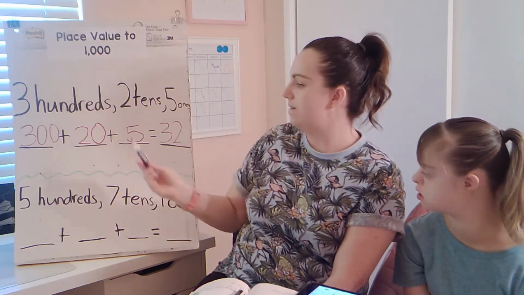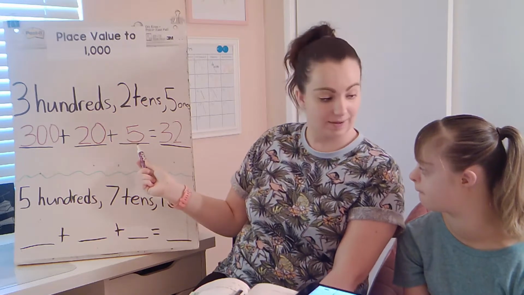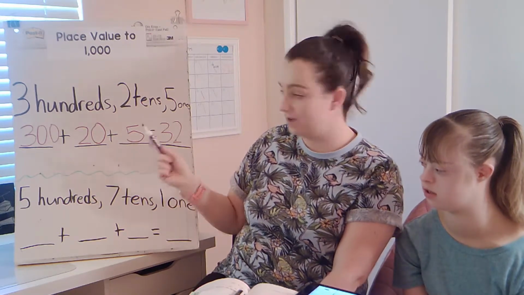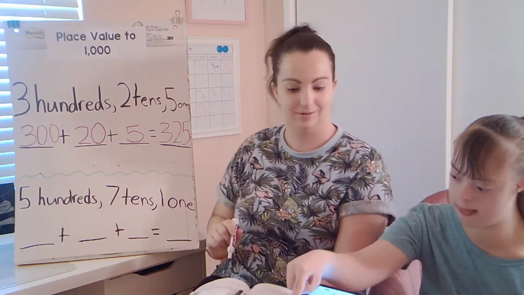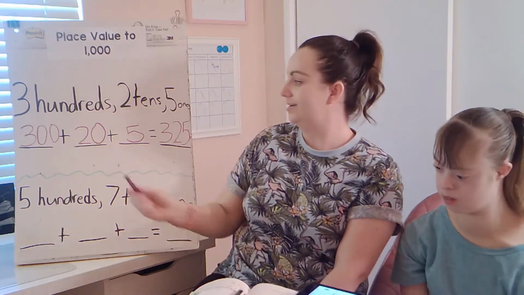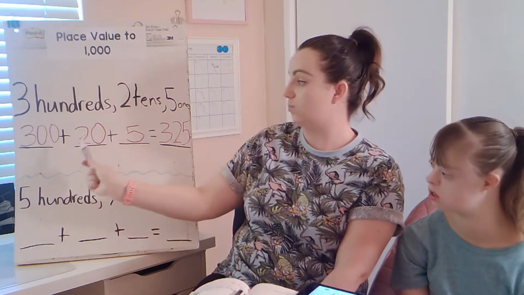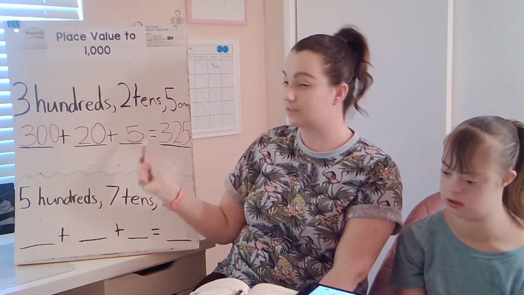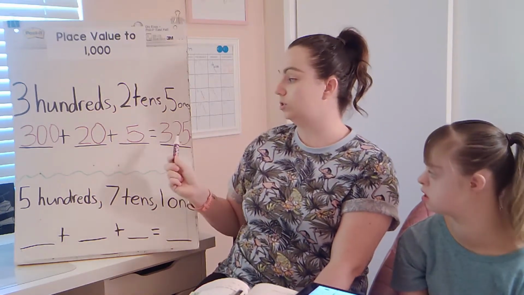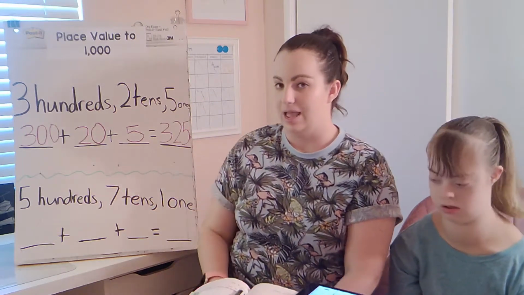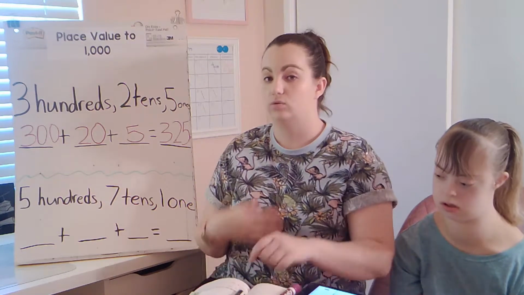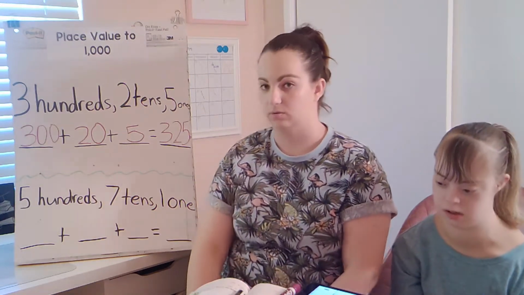And finally, how many ones? 5. So I'd write a 5 in that 1 spot there. Okay? So 300 plus 20 plus 5 equals 325.